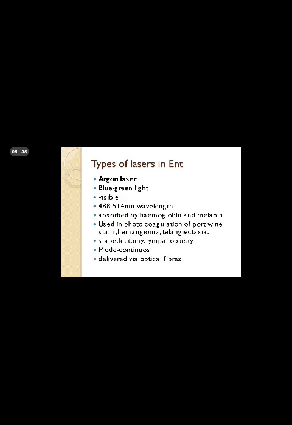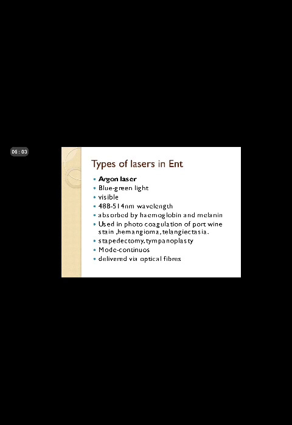The types of lasers. One of them is the argon laser, which was very extensively used earlier. It's a blue green light, visible spectrum, 488 to 514 nanometers wavelength. It's absorbed by hemoglobin and melanin. Used in photocoagulation of port wine stain, hemangioma, telangiectasia.